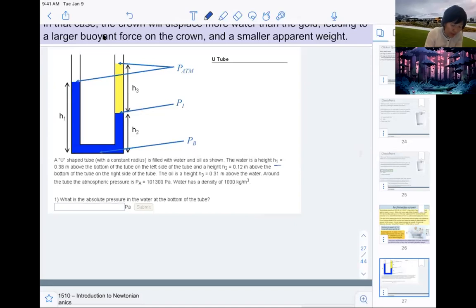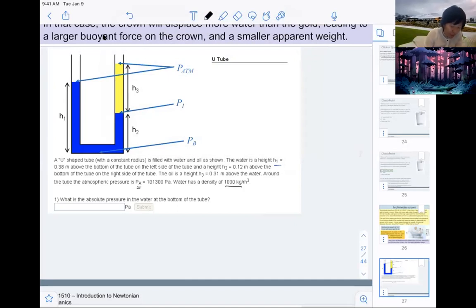The height on the right-hand side is H2 and H3. H2 is how high the water is. H3 is how high the oil is. We're given the atmospheric pressure, right, which is 101,300 Pascal. We're also given the density of the water.